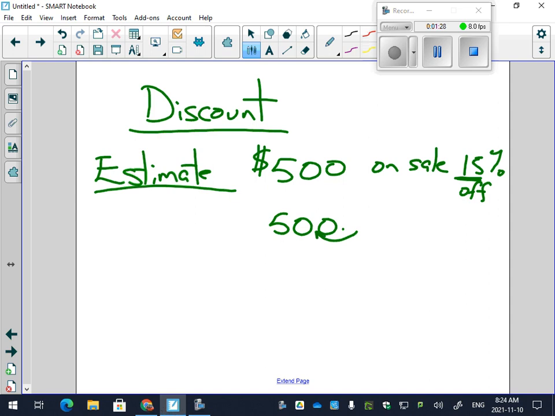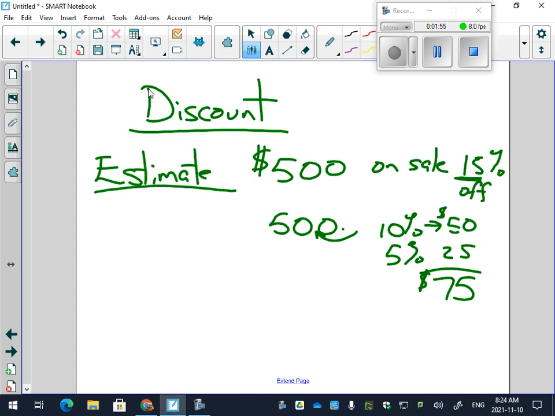So 10% off is actually going to be $50. Now, this is 15%, so if 10% was $50, 5% will be $25, and that's a really strong estimate. It's actually a very accurate estimate that $75 is the amount of money that is going to be taken off this $500 before you buy it.